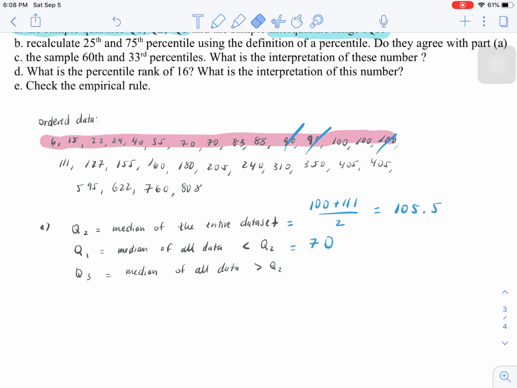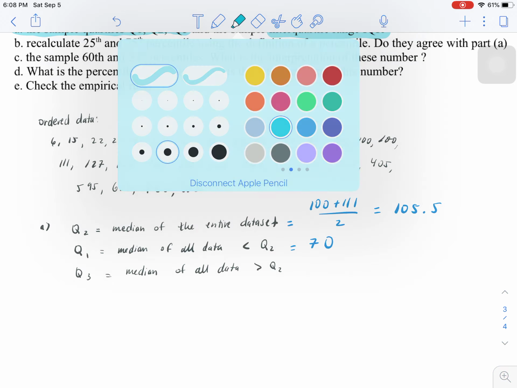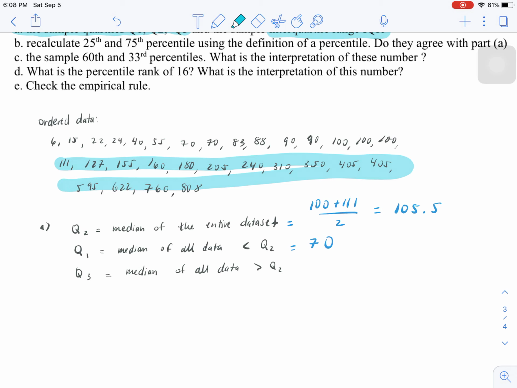To find the third quartile, I take the median of all my data points greater than 105.5. That is everything in these 2 rows. Find the median, and that is this number, 310.